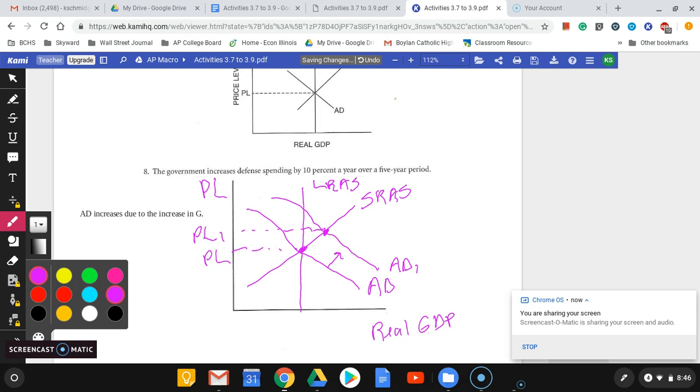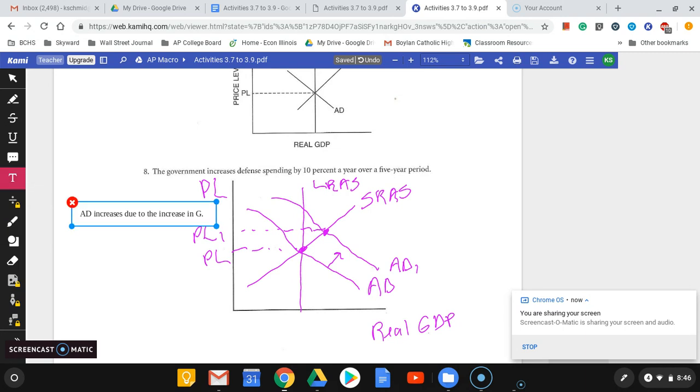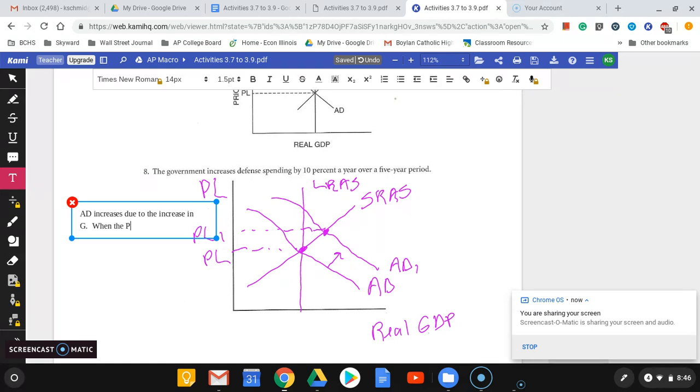Okay, so back to our text box over here. When the price level increases, we know that real wages will decrease due to inflation.